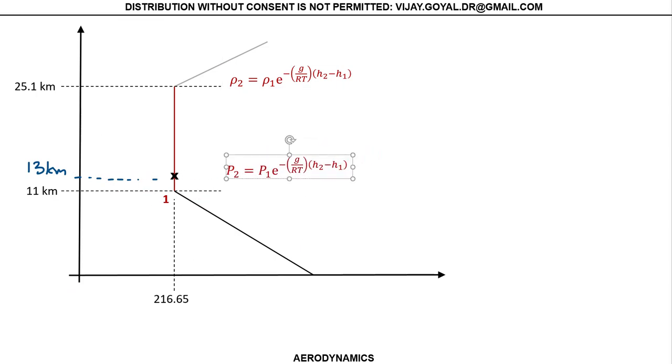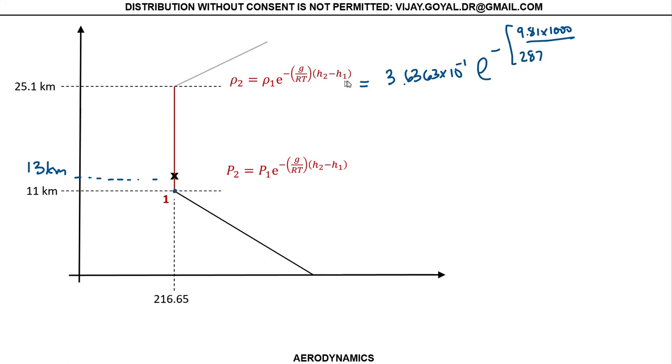As I apply all my equations here, my rho again becomes the rho for this value. From the previous slide, we found that this was 0.36363 times 10 to the minus 1, and that is rho, times e to the minus 9.81. Now I have to multiply this by 1,000 so the units all make sense, because this is in kilometers, so I have to convert that.